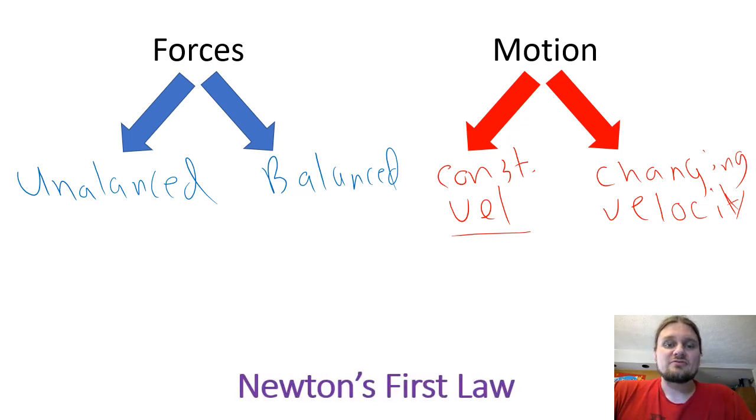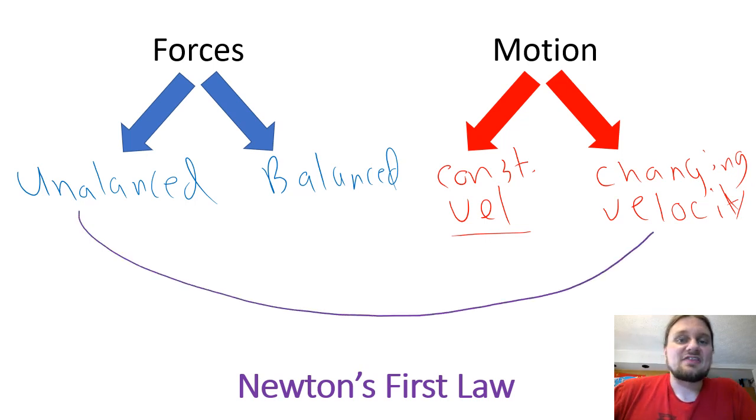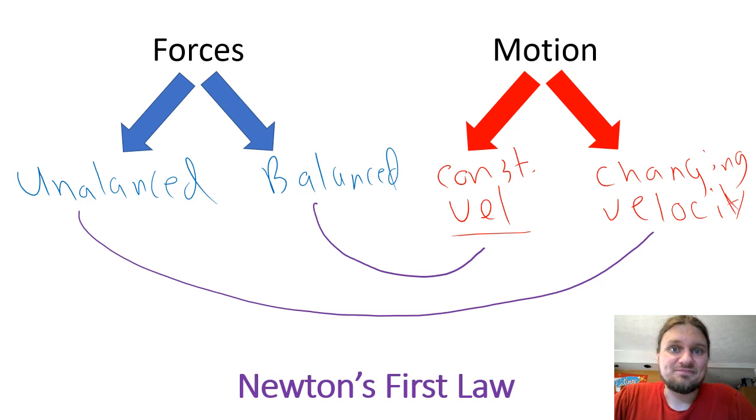And so what Newton's first law tells us are the connections between all of these things. If the forces are unbalanced, Newton's first law tells us that the velocity of the object has to be changing, no matter what. And if the forces are balanced, Newton's first law tells us that the velocity has to be constant. I also want to brag a little bit on my color coding, because I'm all about color coding.